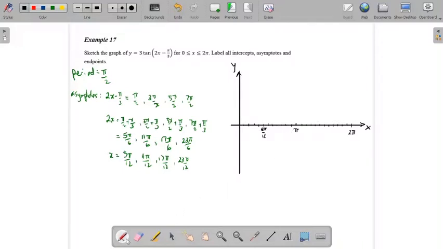So I might just erase my pi. So where are we? 6, 7, 8, 9, 10, 11, and 12. Next one's at 17. So that's 12, 13, 14, 15, 16, 17.